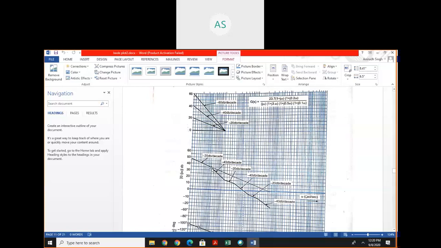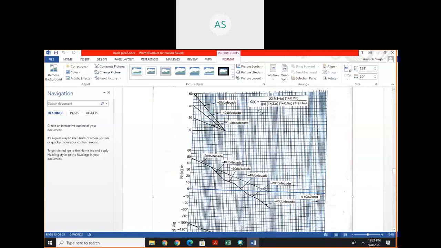Then the first corner frequency is 0.33, and at this frequency one pole is added or activated, so this slope changes from minus 20 to minus 40, because minus 20 dB per decade is for one pole.